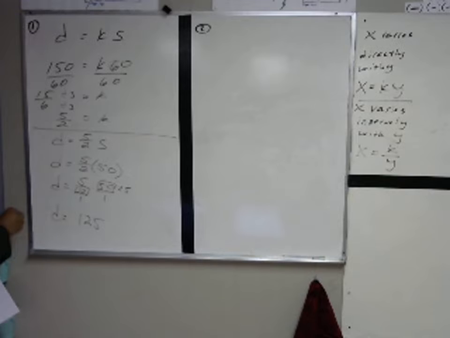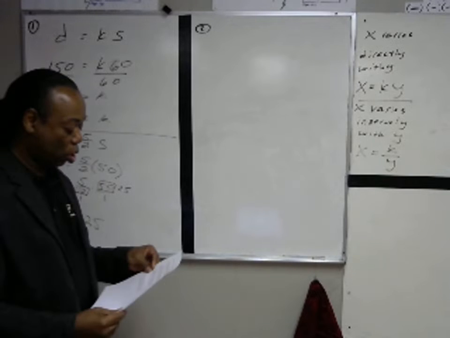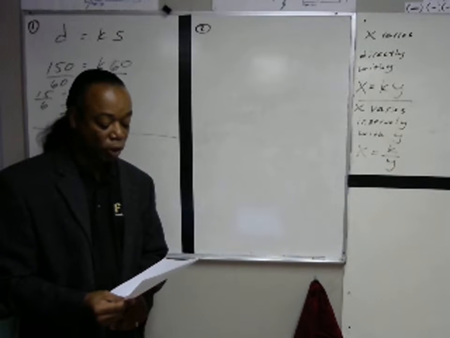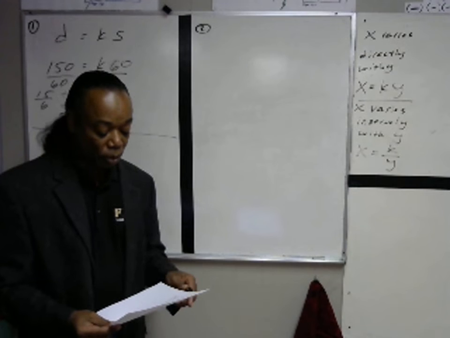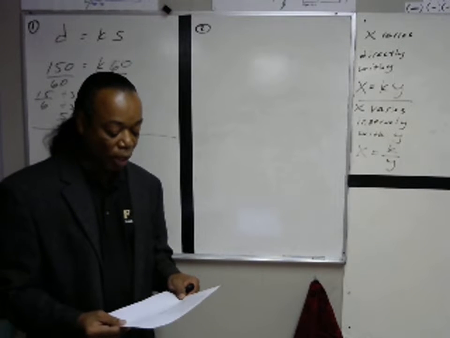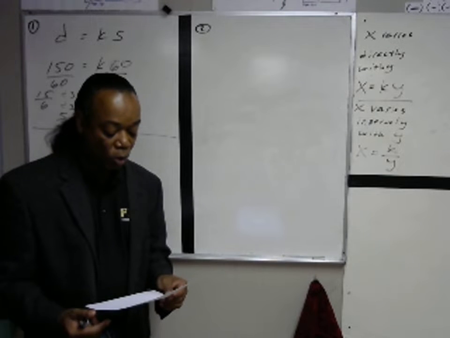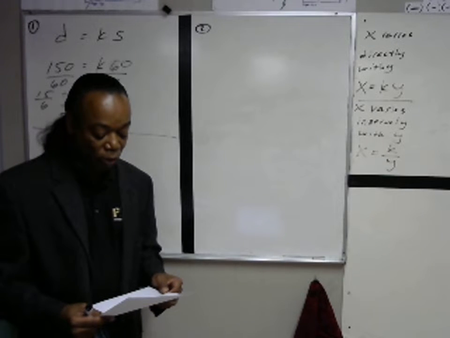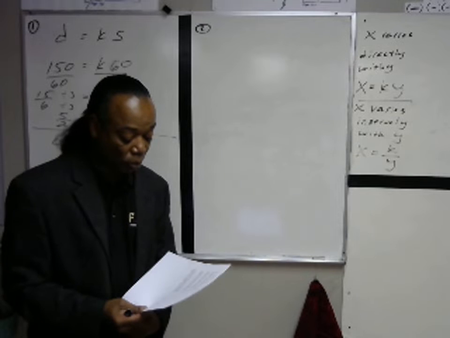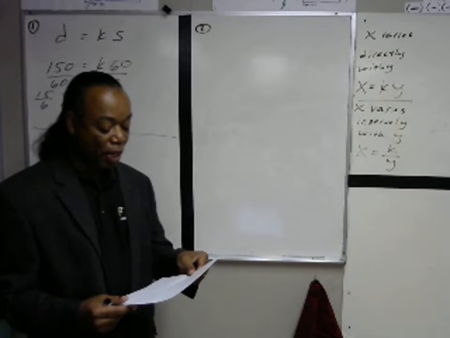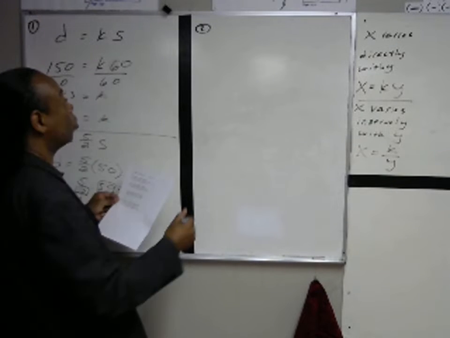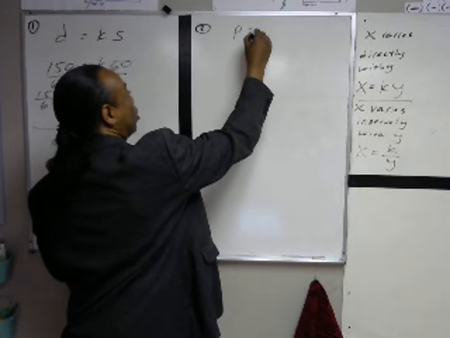Okay. Number 2. The price varies inversely with the demand. The price is $250 while the demand is 100 orders. How many units will be demanded if the price is $200? So price varies inversely with the demand. So we use P for price.